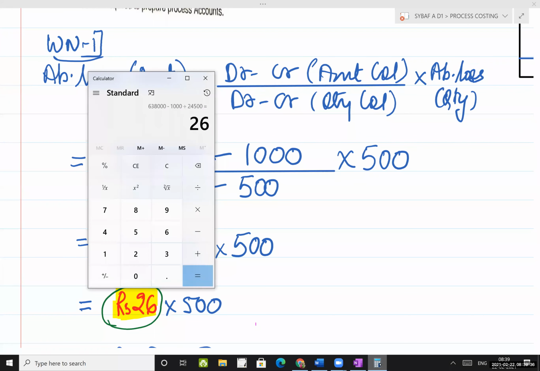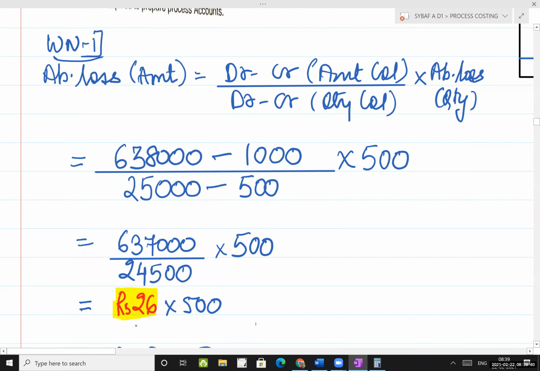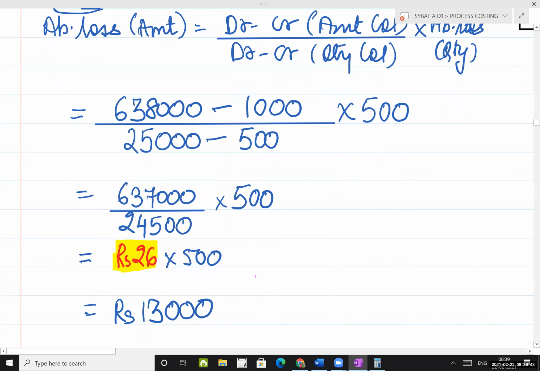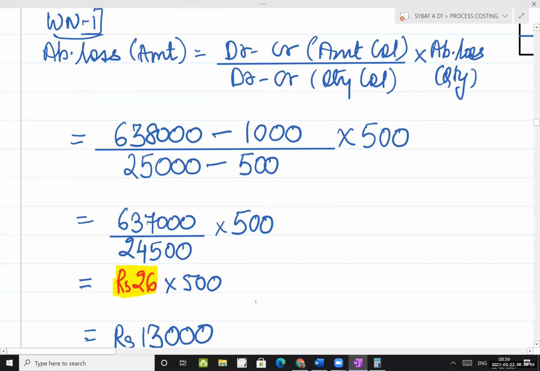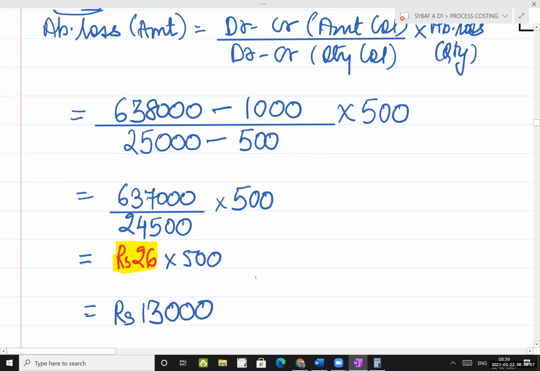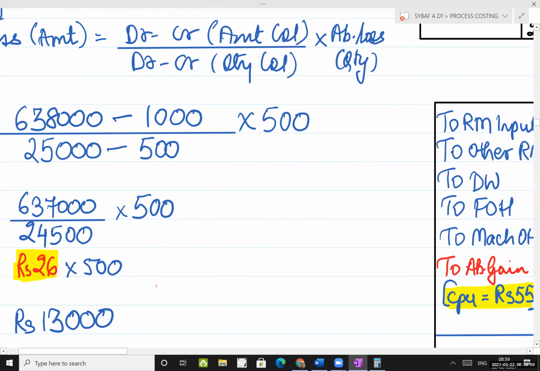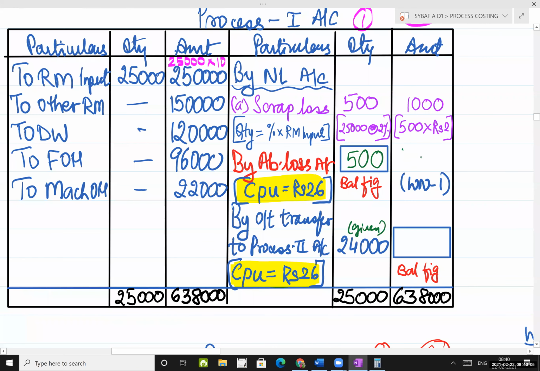Multiplied with 500. So 13,000 is my answer. Please highlight this 26 rupees because this will help me to cross check my answer. Okay. Substitute here. My answer is 13,000.